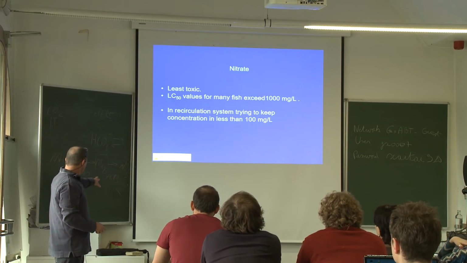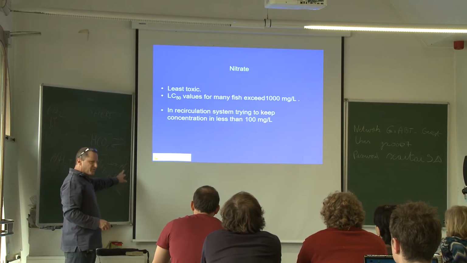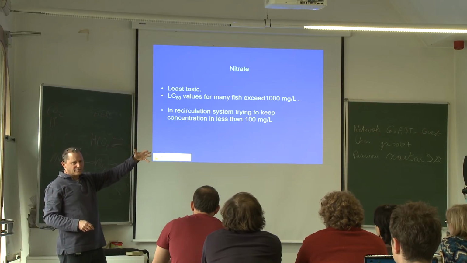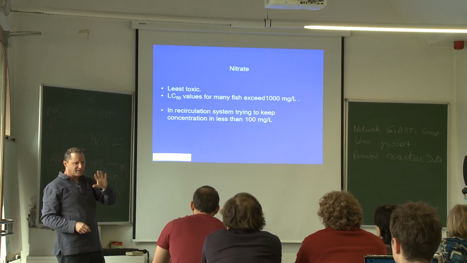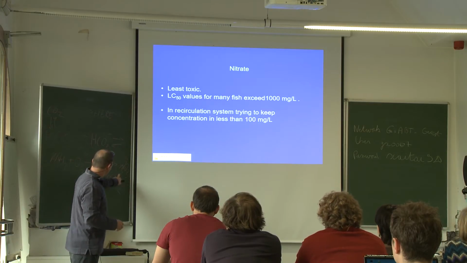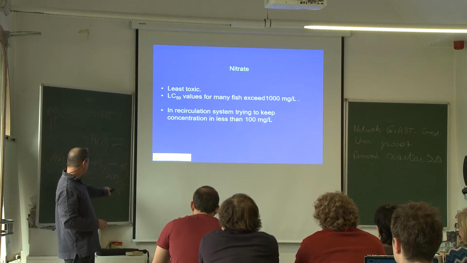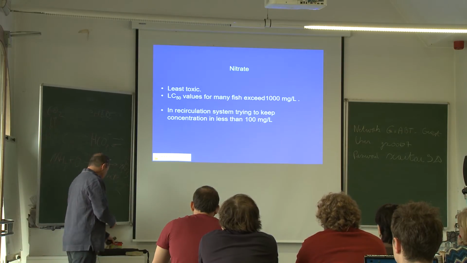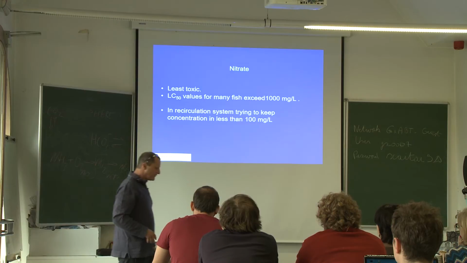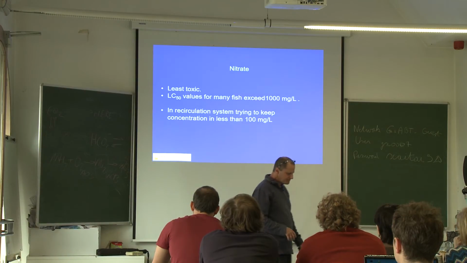Remind you, if you look at the weight of NO3, it's about 5 times higher than just the N. This is 14 and this is O3, 16 times 3, 48. So the ratio is 14 to 62, so it's 4.5 if I'm not mistaken.